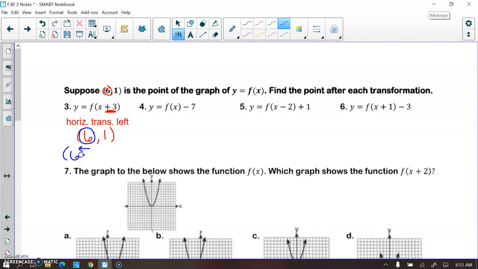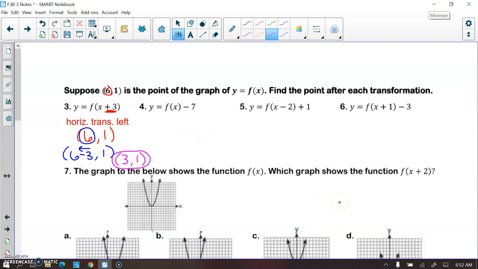So I have a 6 minus a 3, and then my y value stays the same as a 1. So 6 minus 3 is 3, and my y value remains as a 1 because I did not move this up or down. So my new point after my horizontal translation left is (3, 1).